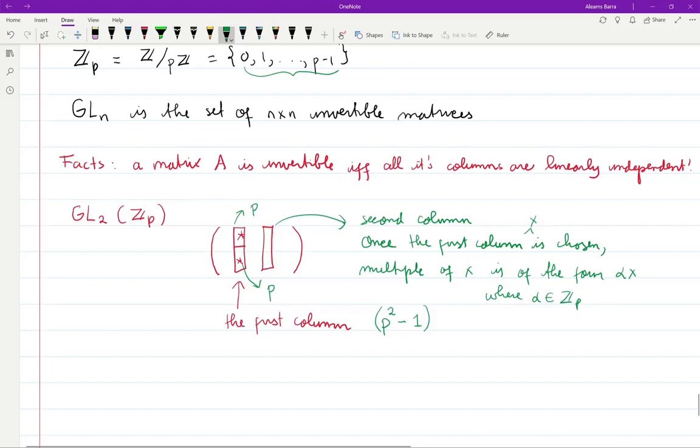So there are p choices of alpha. It means that there are p vectors which are linearly dependent on the first column, so that the number of ways we can choose the second column.